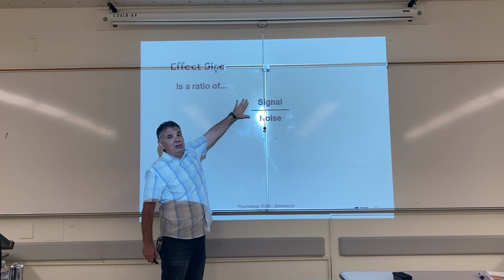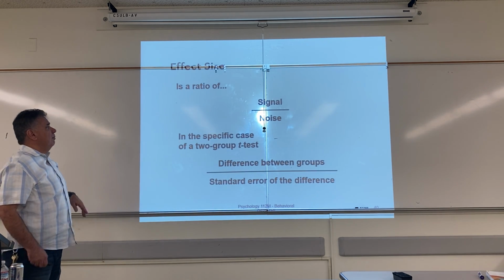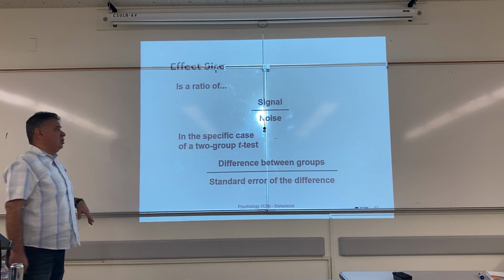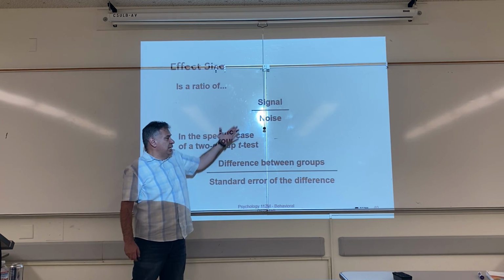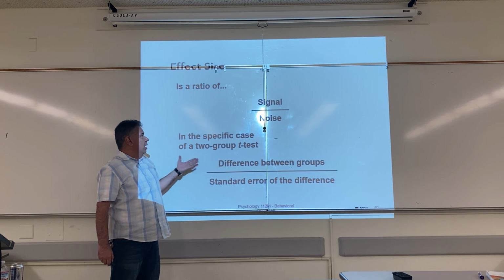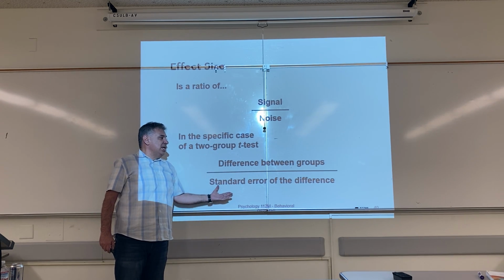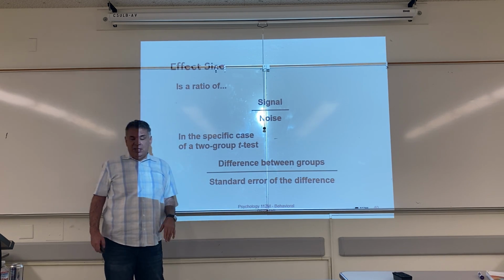There's the signal and there's the noise. I'm going to try to illustrate that with some illustrations. In this specific case, the signal is the difference between the two groups, and the noise is the standard error of the difference, or the variability within the groups.